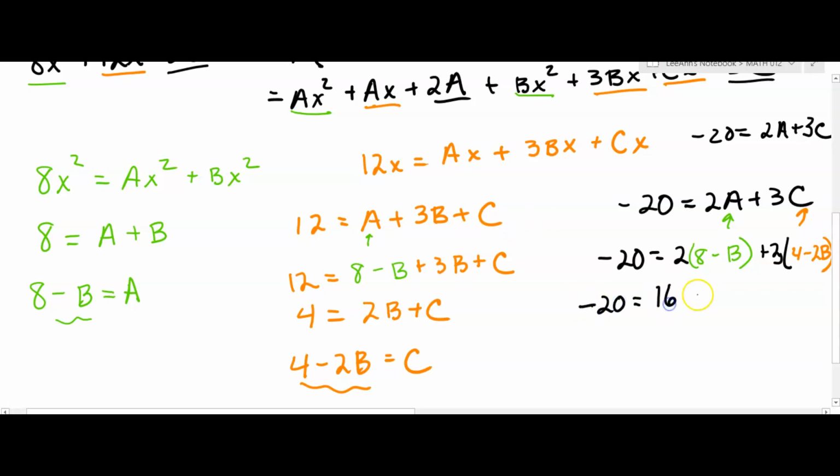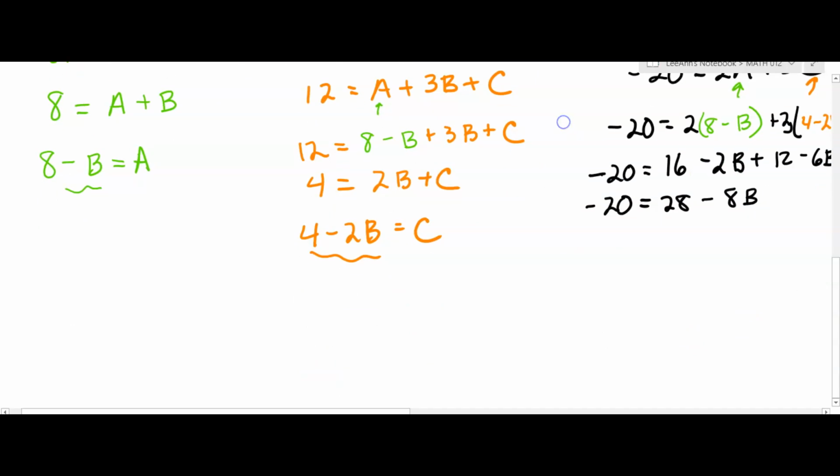So 16 minus 2b plus 12 minus 6b. And what does that turn out to be? Negative 20 equals 28 minus 8b. And then I get negative 48 equals negative 8b, or b equals 6. Yay! I got an answer.